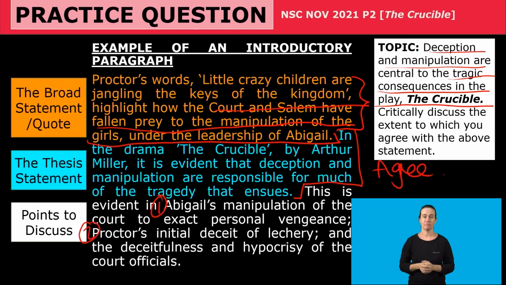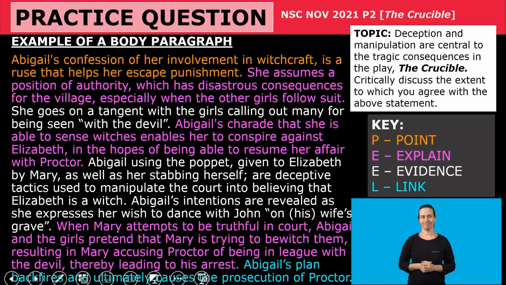Second, Proctor's initial deceit of lechery, and thirdly, the deceitfulness and hypocrisy of the court officials. So the first body paragraph is going to be Abigail's manipulation, the second one, Proctor's initial deceit and lechery, and the third body paragraph will be on the hypocrisy of the court officials.